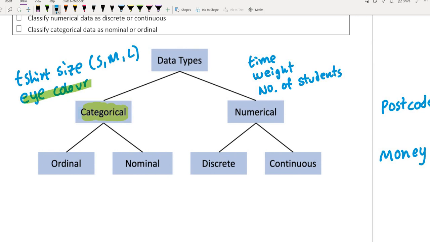But now within categorical data, there's two different types of data as well, ordinal and nominal. So ordinal, as the name suggests, is the things that are in order. So I'm just going to write it here, order. And nominal, no order. So within categorical data that we collect, if they're in order, such as t-shirt size is small, medium, large, that's going to go down to ordinal data.